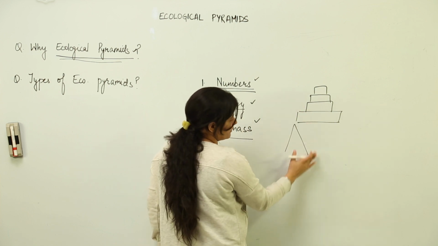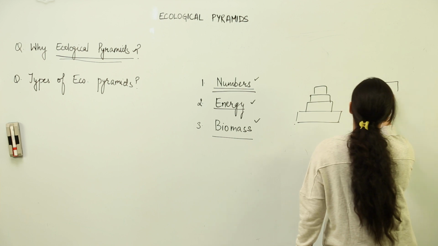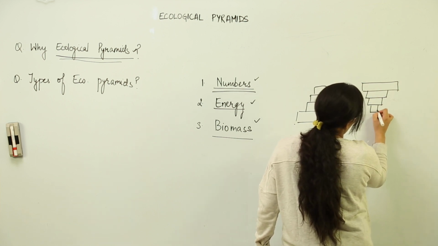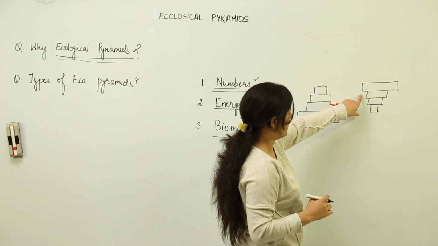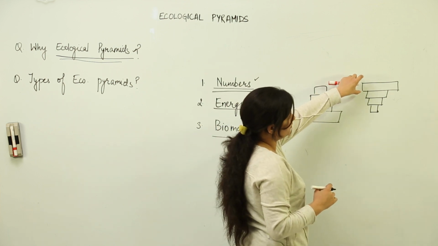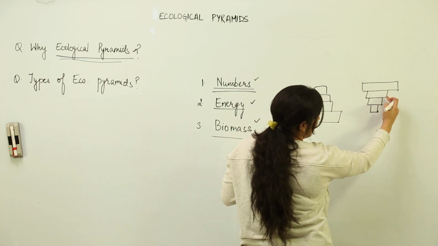The triangular shape I am talking about. So this is an upright pyramid. We do have cases of inverted pyramids as well, where the topmost trophic level occupies the largest band. It's not a band, it's a sort of ecological representation, where the top is the longest one. Then we have lower and lower.